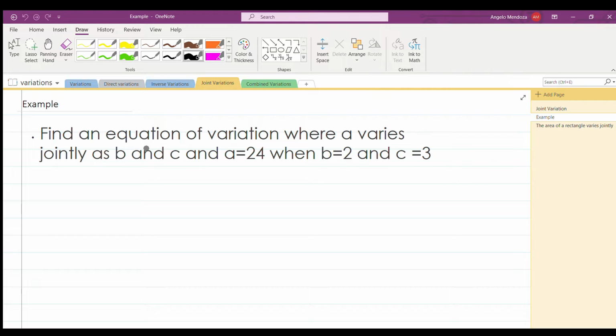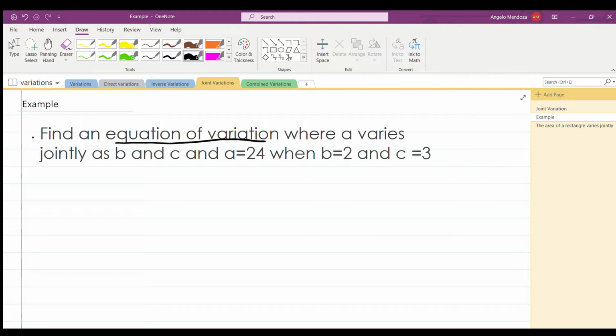We're going to find first an equation of variation where a varies jointly as b and c, and a is equal to 24 when b is equal to 2 and c is equal to 3. The first step is we write the equation of variation by translating this statement: a varies jointly as b and c.